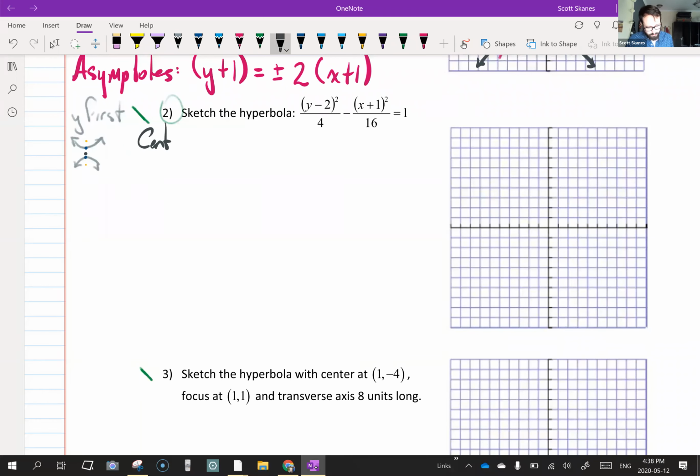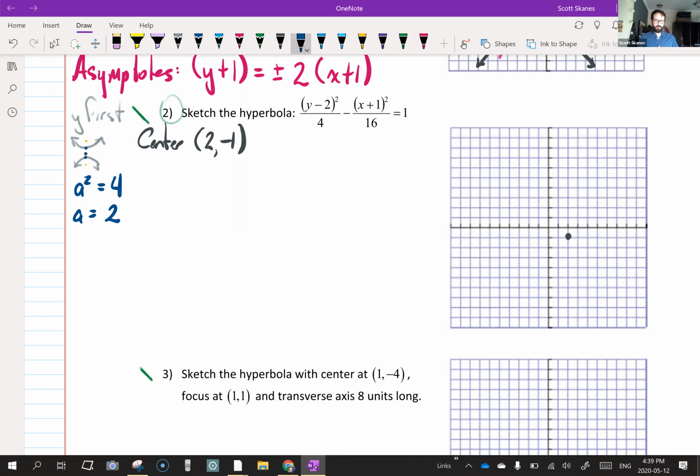Center, what's the center? Center is 2, -1. So I already have my h and k. What about a? A squared is not 16. That was for ellipses, you silly goose. A squared is the first one, 4. So a must be 2. So let's go ahead and sketch that already, just in case you want to do it bit by bit. So 2 and -1 is right here. I put that on the graph paper. 2 is my a.